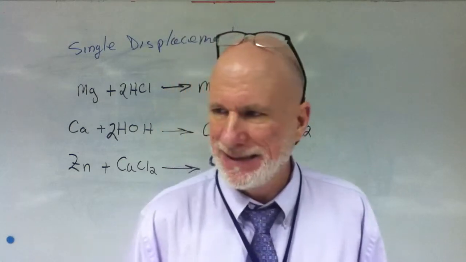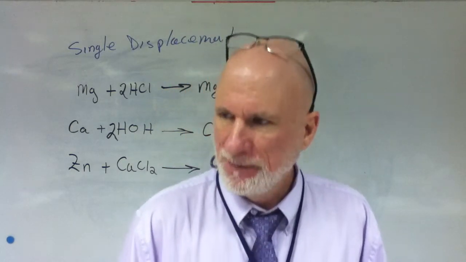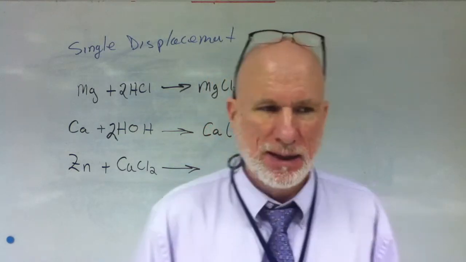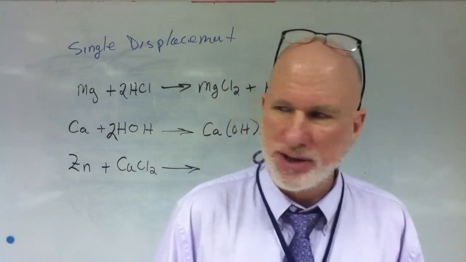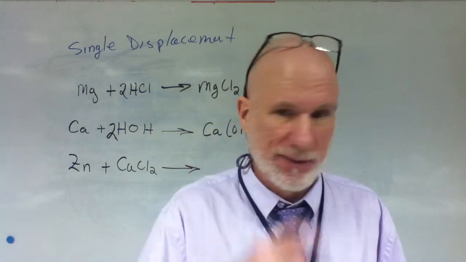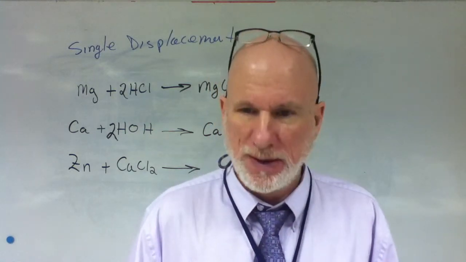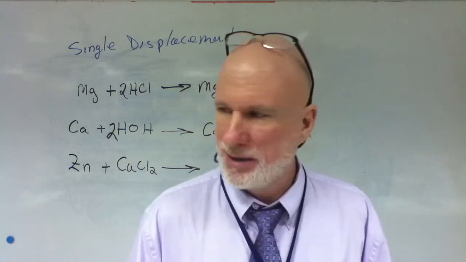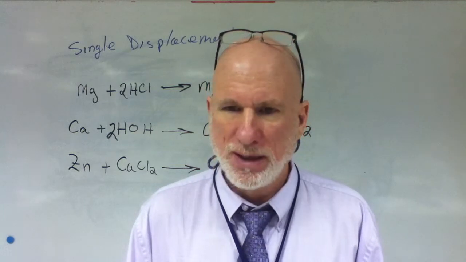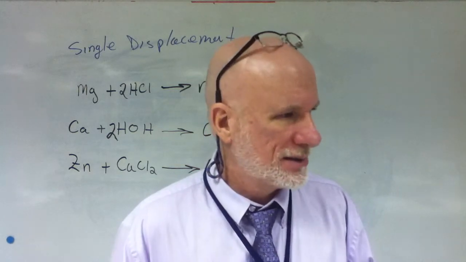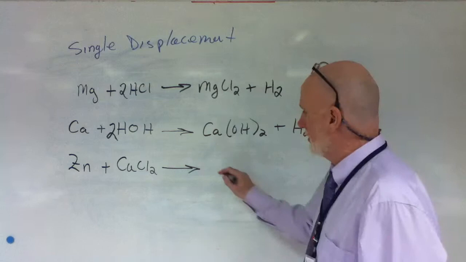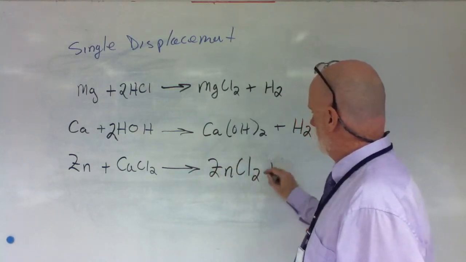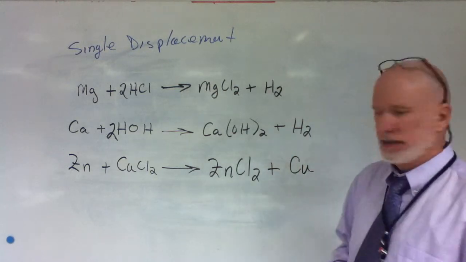Even though zinc is a transition element, and we talked about transition elements using Roman numerals, zinc always has a charge of +2, unless it's really weird zinc. In your experience as young chemistry students, zinc is not going to have a charge other than +2. So what do you think the products are going to be? Zinc chloride. Zinc II chloride. You still have to use the Roman numerals. Zinc II chloride plus copper. Do you have to balance it?